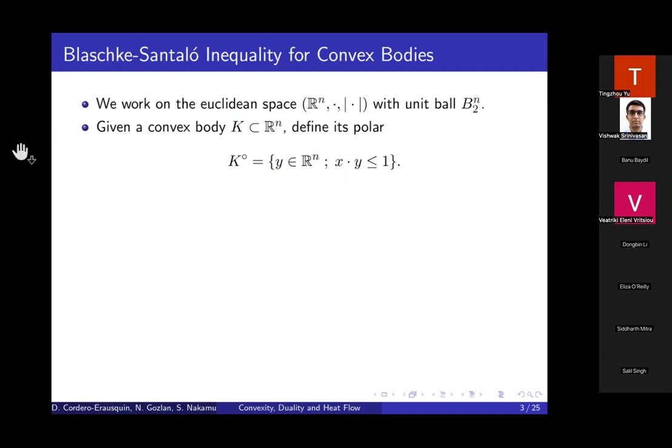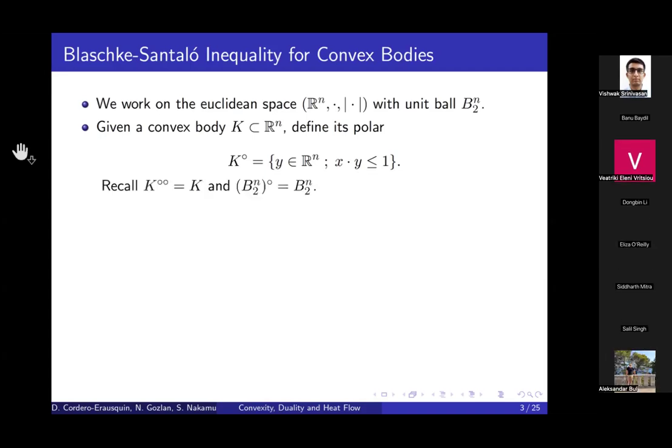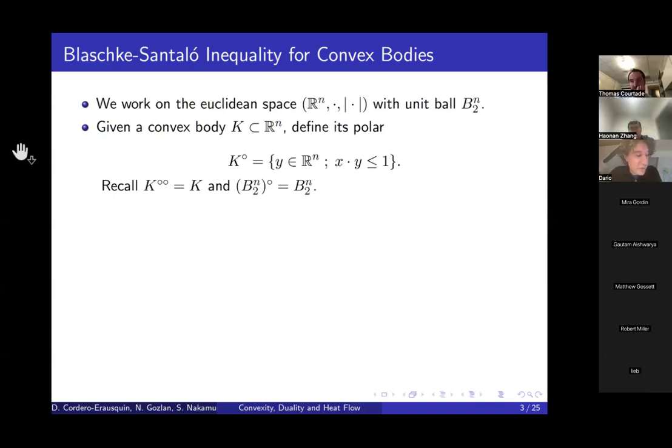And every convex set is a polar by the Hahn-Banach theorem. And so the double polar will be the convex set itself. And the Euclidean ball is, of course, a fixed point for this transform.